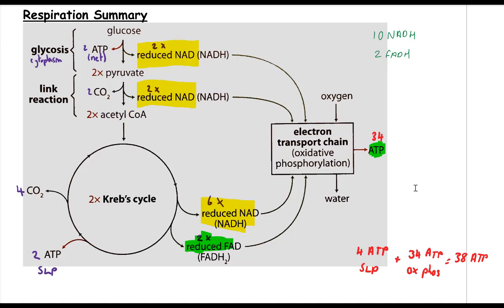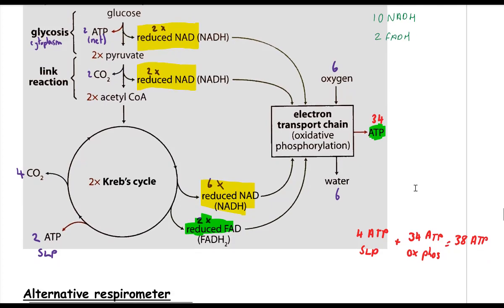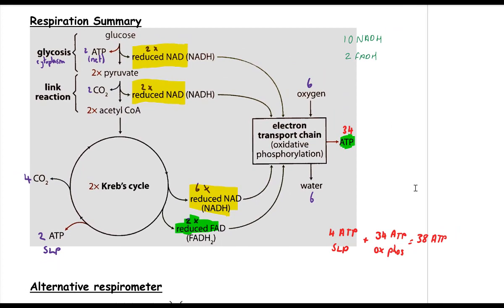Now, as well as that, we've also got oxygen here. At the end of this, we take 6 oxygen molecules, they react with the hydrogen atoms, and we get 6 molecules of water. So, to tie all this up, we've taken glucose, which was C6H12O6.